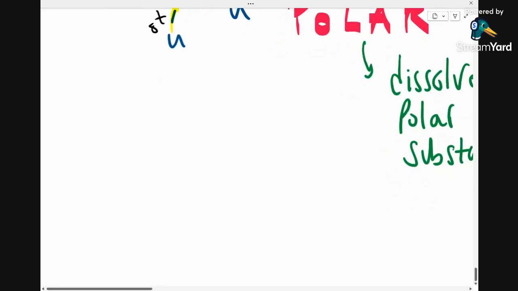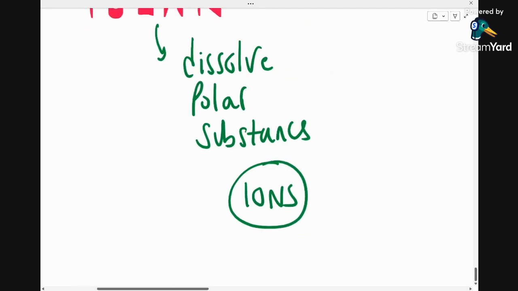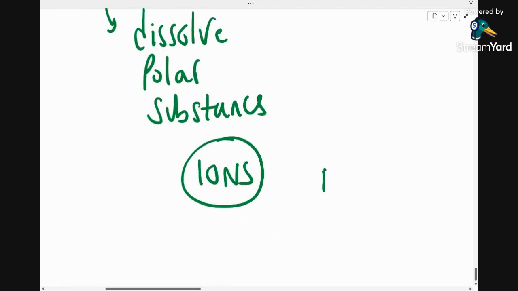And the most extreme example of something that's polar, I hope you can appreciate, is not something with a delta charge, it's something with a formal charge, ions. These are the most polar things in existence, right?